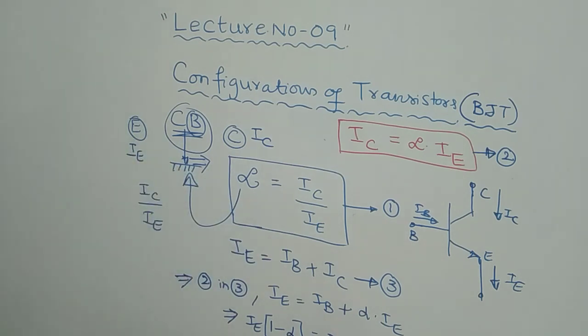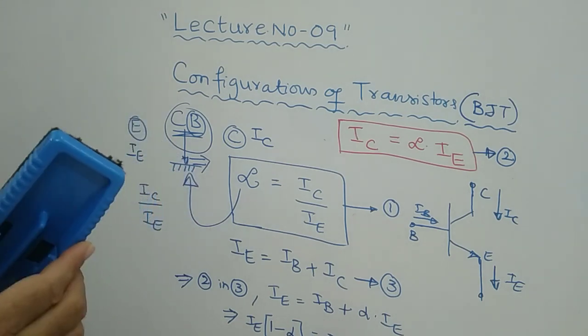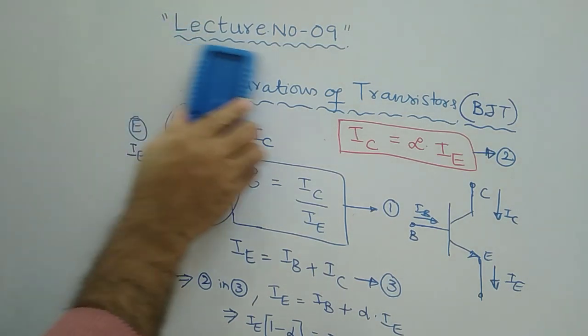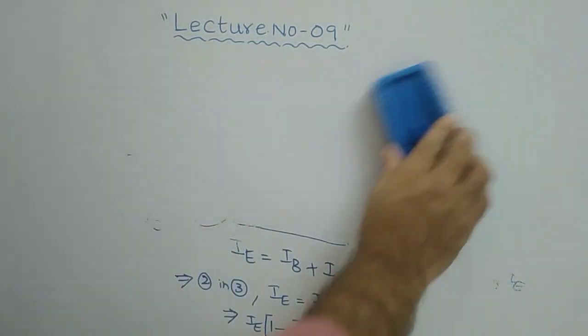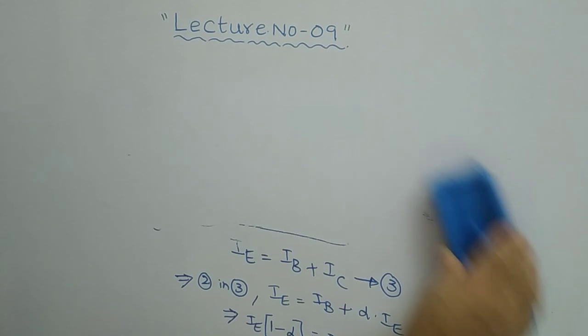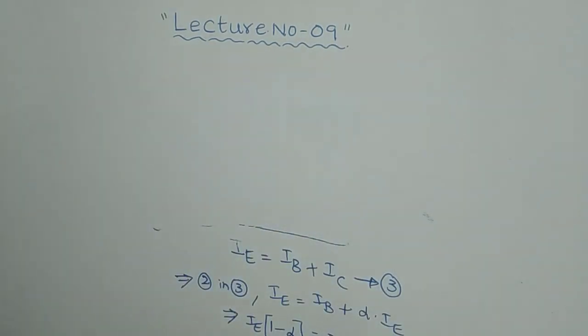It is IB, clear? 1 minus alpha, is it not? So from there, I will erase so that you will understand that relation very clearly. I am going to bring a very important relation now. What is this actually?